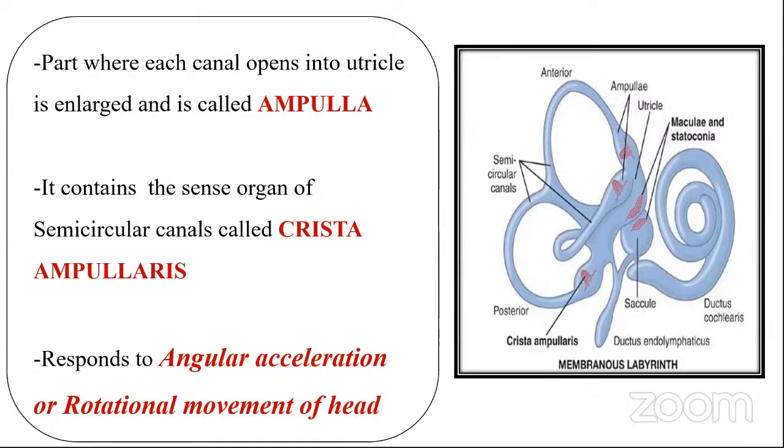As you have seen in the case of cochlea, the ampulla is also present in the utricle, and it contains the sense organ of the semicircular canals called crista ampullaris.